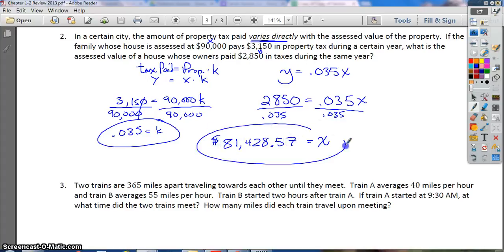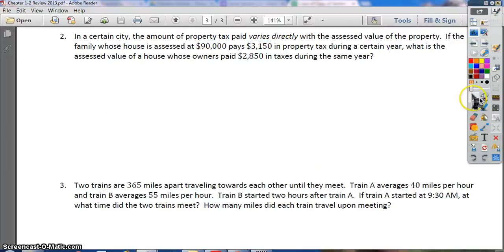Okay, they did not say to round, so to the nearest penny will be what we have to do. That's the assessed value of that home. Good easy problem for you on the test. Cash in on it, make sure you get those points.